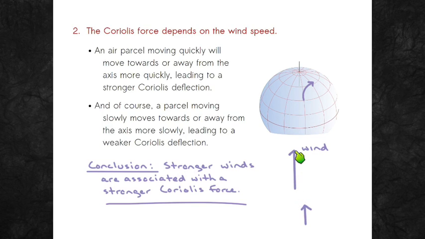So if we're looking in the direction of this wind, the direction to our right would be this way. So that's the direction of the Coriolis force. This one down here, having a weaker wind, will also have the Coriolis force pulling to the right, but since the strength of the Coriolis force varies with the wind speed, the strength of the Coriolis force in this case will be smaller. So we get a smaller Coriolis force out of that case.